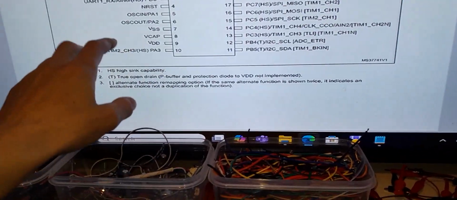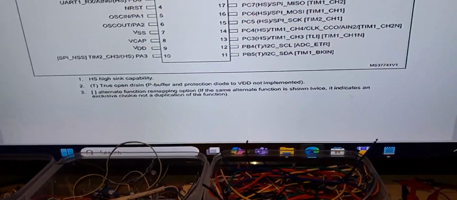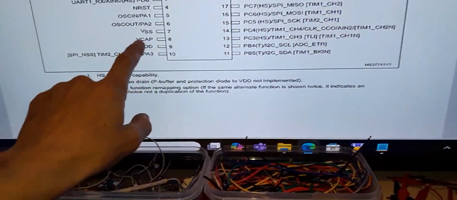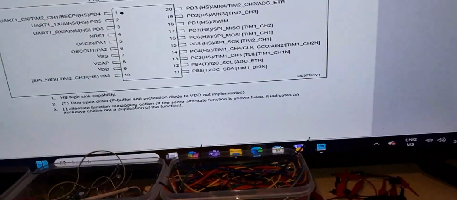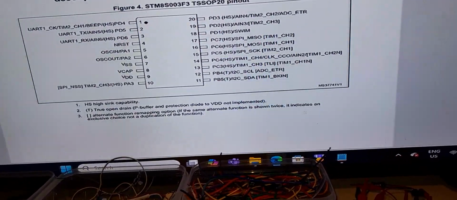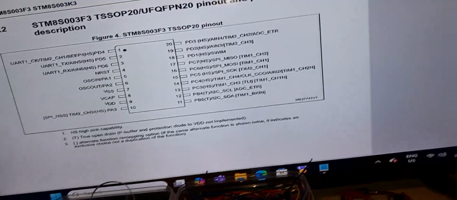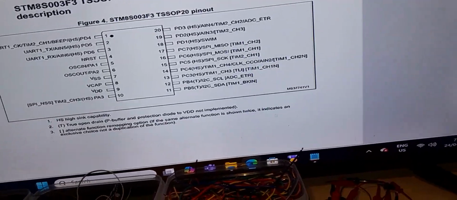Okay, so making further discoveries here. The pin that we were looking at the other day that has a capacitor attached to it going to ground, that's not the VCC pin, it's this pin here. It's labeled VCAP. So I'm going to go up in the data sheet now and see how the calculation is done for that capacitor value, because that could be wrong and that could be causing the micro to ring.